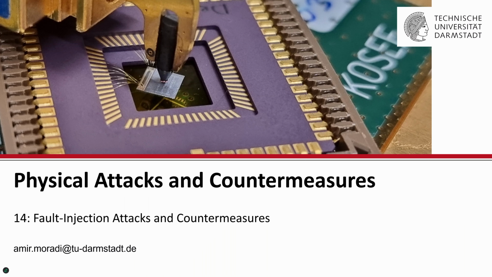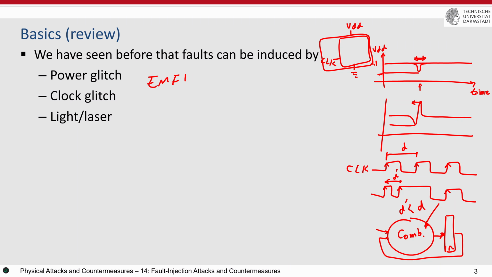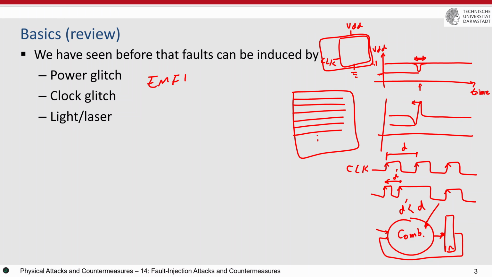It would be better to inject EMFI at the front side of the chip, which means the metal side. I'm not sure how familiar you are with electronics, but at the top of the chip, when you design a chip, there are power grids. Here, for example, are the VDD lines, and here are the ground lines, at the top of the chip.